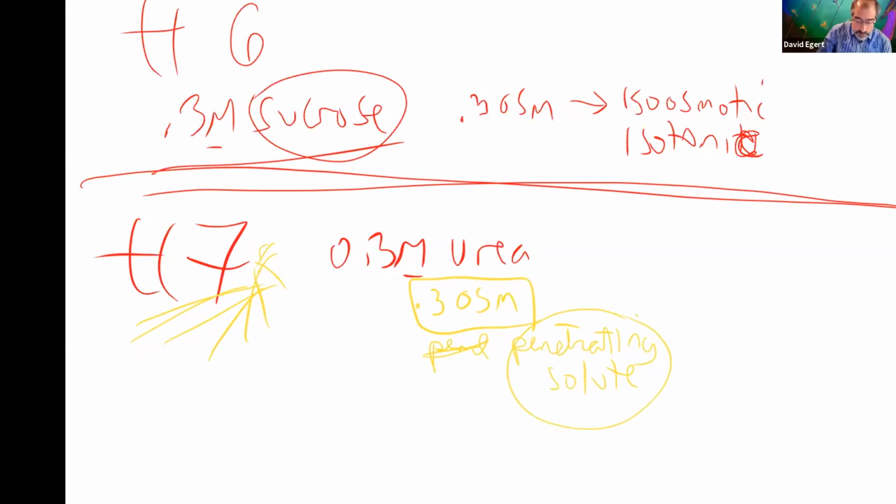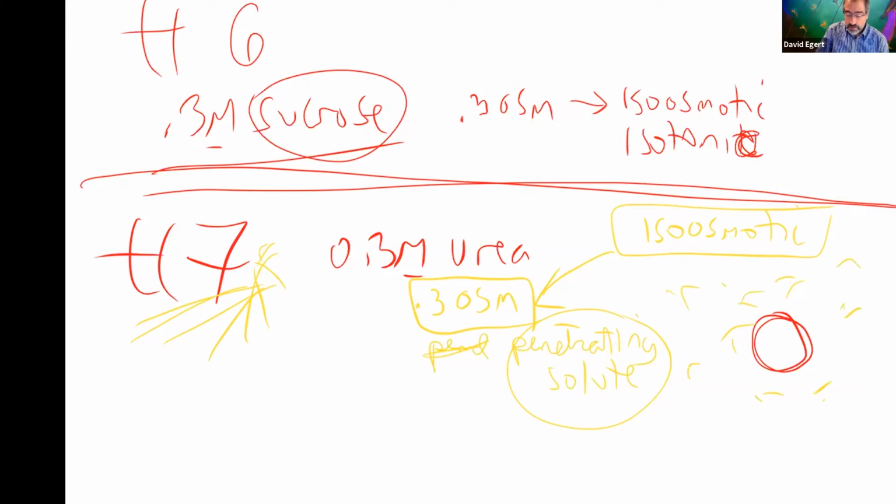So 0.3 osmolar, which means it's isoosmotic to the blood cell, the same osmolarity as my blood cell, 0.3 inside, 0.3 outside, but it's a penetrating solute. So when you put the cell into this solution, urea is going to enter the cell.